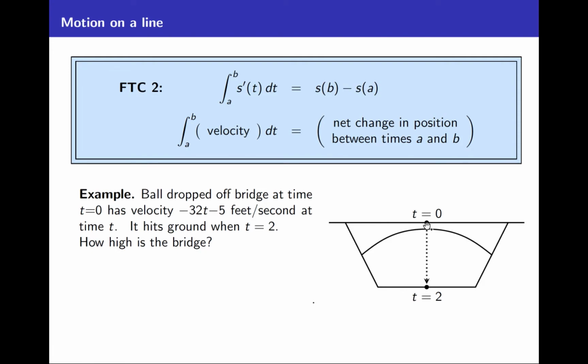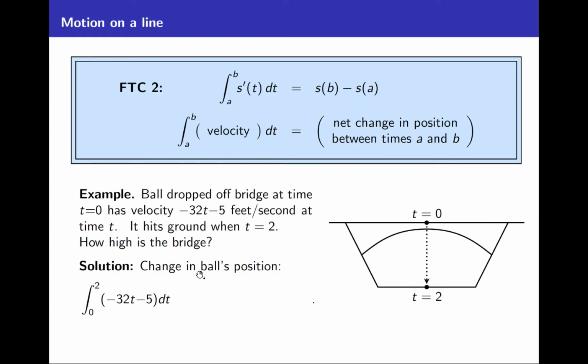That's the distance between where the ball was at time 0 and where it is at time 2. Well, here's a solution. You can think about the height of the bridge as being given by the change in the ball's position between times 0 and 2.